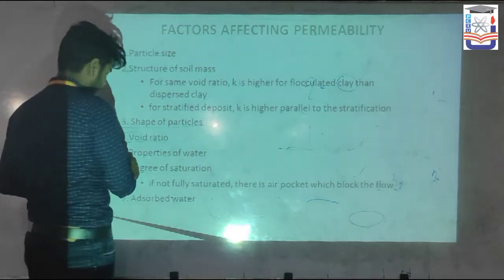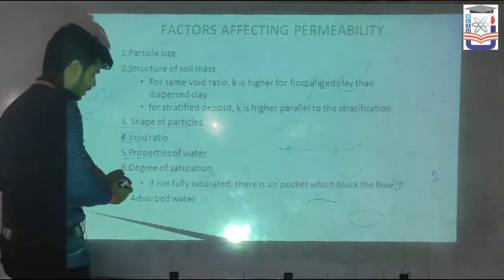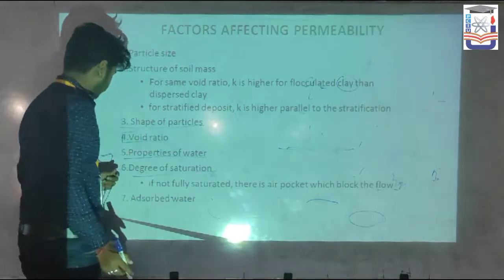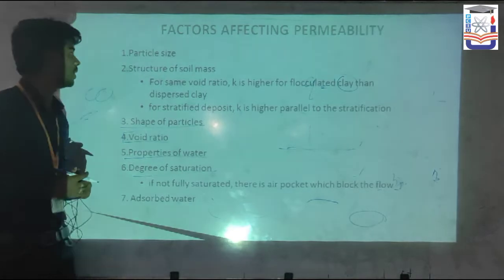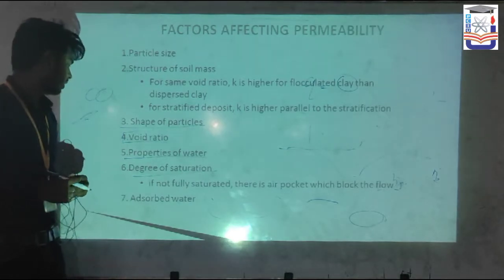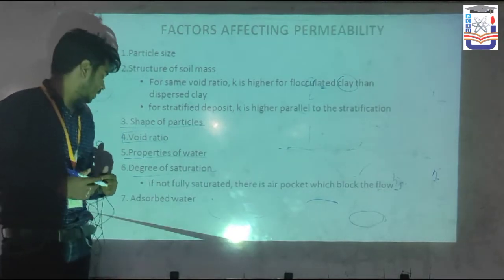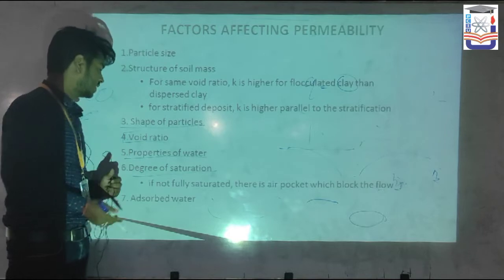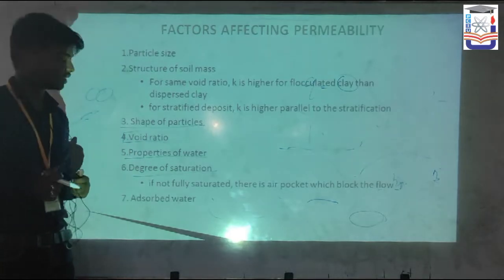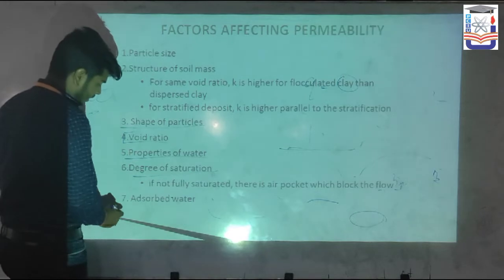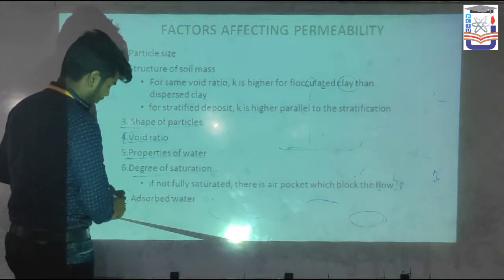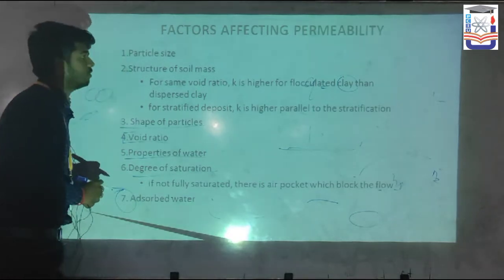Another term is the properties of water and degree of saturation. If the soil is fully saturated, then the permeability will be low, and if the degree of saturation is low, then the permeability will be high. And the last is the absorbed water, which is an important term affecting permeability.